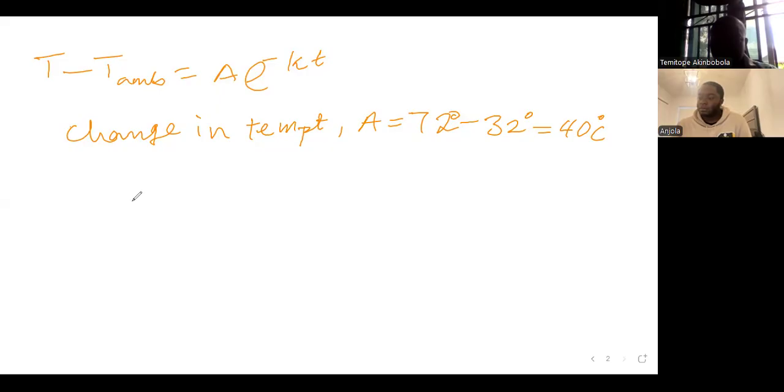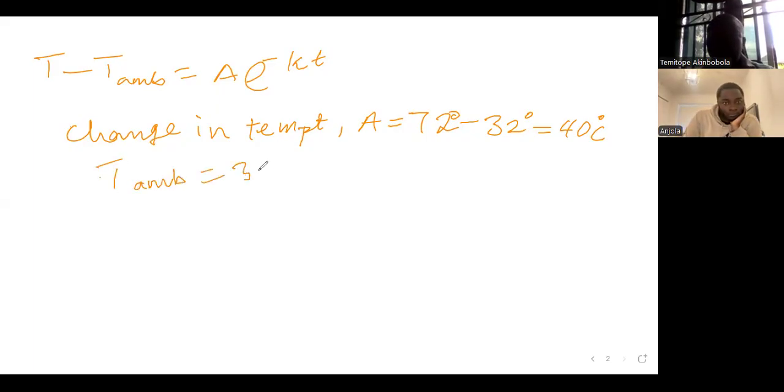Now, the surrounding temperature, what's the surrounding temperature? The surrounding temperature is 32, so T ambient equals 32. Is that clear? So I will now substitute 32 for T ambient, 40 for A.